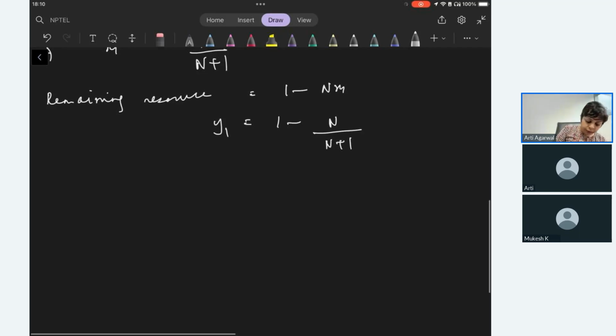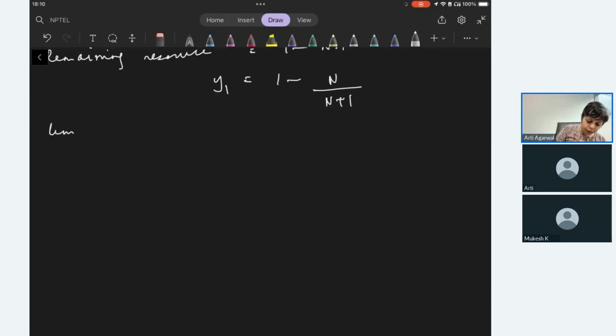Now if you take the limit of n tending to infinity for y1, this is the limit of n tending to infinity of (n plus 1 minus n) upon n plus 1, isn't it? Or you can take 1 minus n by n plus 1.